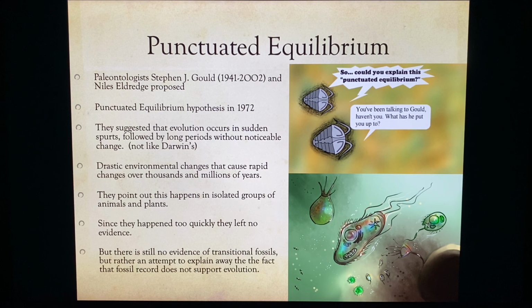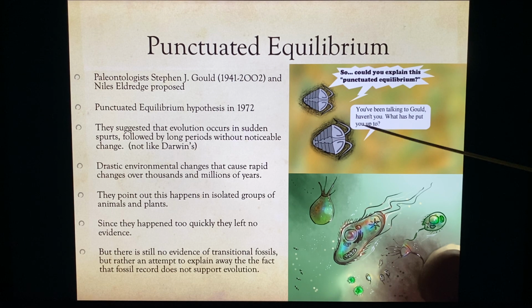So if animals or plants are isolated on an island, they would go through punctuated equilibrium and change into new kinds. Since the changing process happened too quickly, they said, well, we don't really have any evidence because it just happened so quick. Oh yeah, really? But you see, there is still no evidence of transitional fossils, but rather an attempt to explain away the fact that the fossil record does not support evolution.